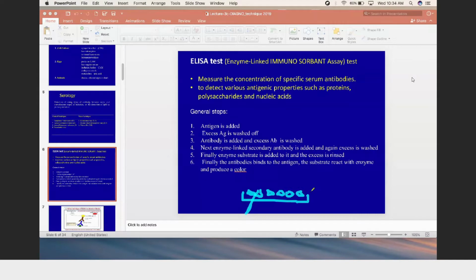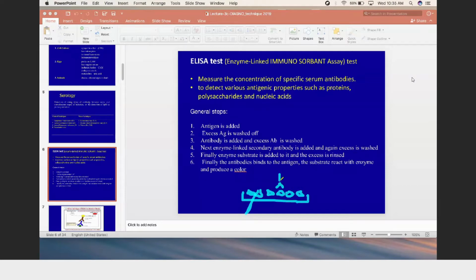Assume that, let's say, you want to test for the presence of equine herpes virus. So you use equine herpes virus, and you add equine virus protein into the plate. Then after that, you add the test serum. The test serum should contain antibody.